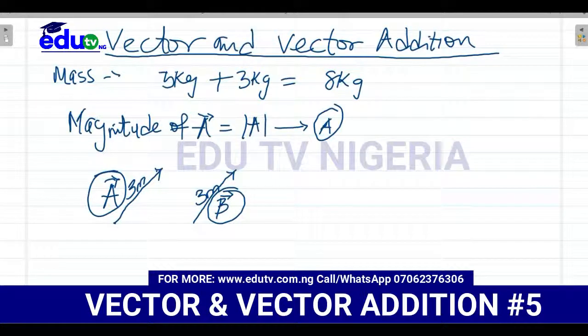So we can say these two vectors are equal, or we call it equality of two vectors.